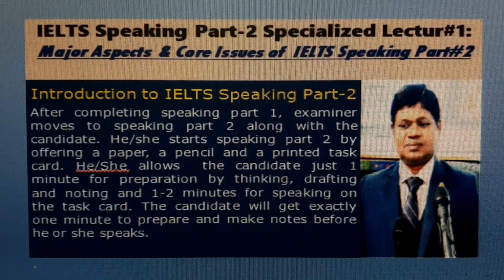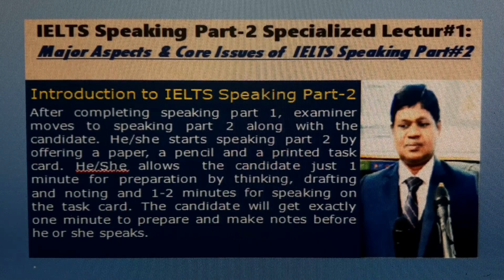Now let's see the duration of speaking part 2. How long is our speaking part 2? You will have to talk for 1 to 2 minutes and then the examiner will ask you 1 or 2 rounding off questions on the same topic.